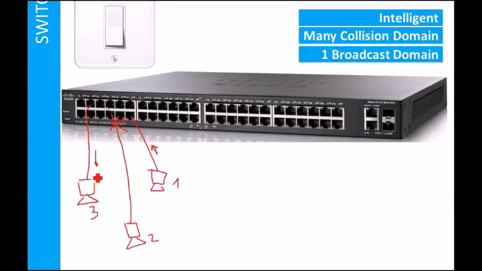But host 3 will look at that packet and see that it is its MAC address, and it's going to say, this message is for me, and I'm going to look at it. So that is how a switch functions.